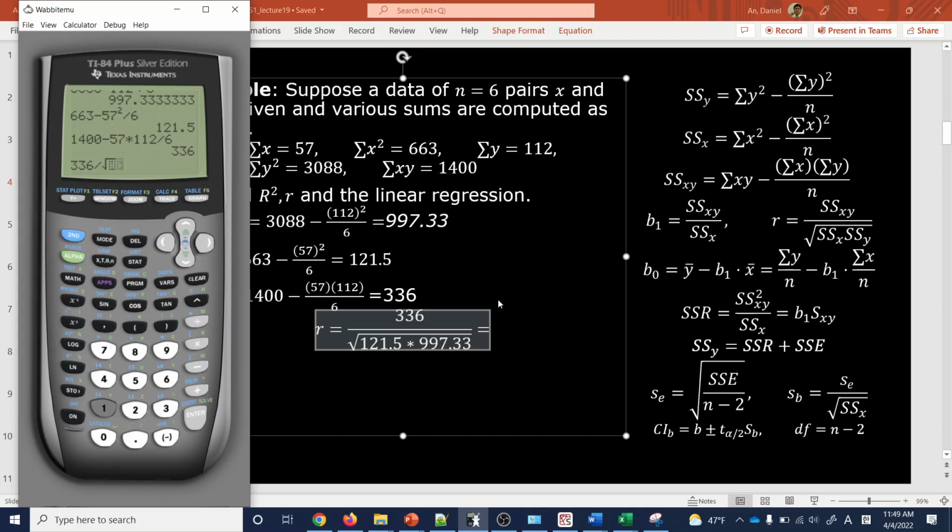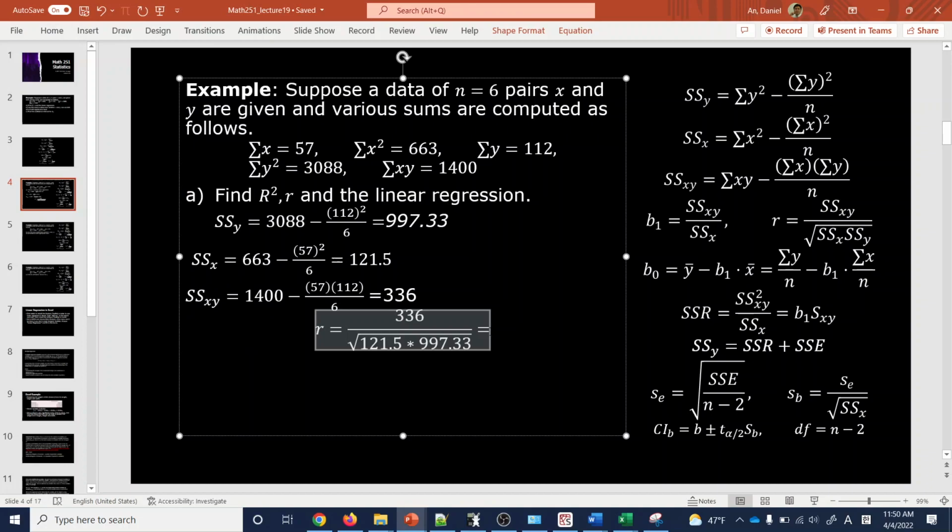So 121.5 times 997.33, enter, and then I get 0.96523. Is that high correlation? Yes, high correlation, because it's close to 1.